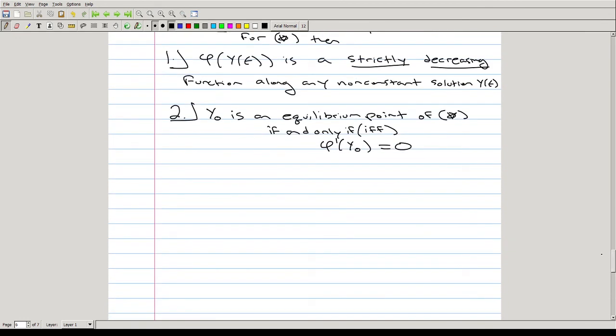If and only if is important, because it goes both ways. If y naught is an equilibrium point, then the derivative of phi at y naught equals 0, and vice versa. If the derivative of phi at y naught is equal to 0, then y naught must be an equilibrium point. If and only if statements are very important to distinguish from just if statements, or if-then statements in mathematics.